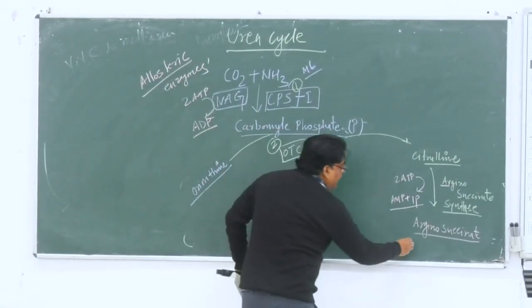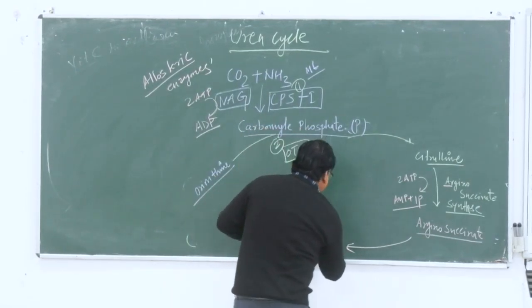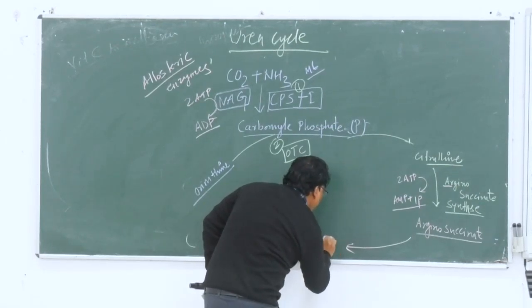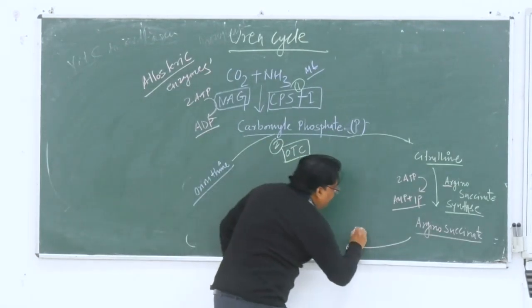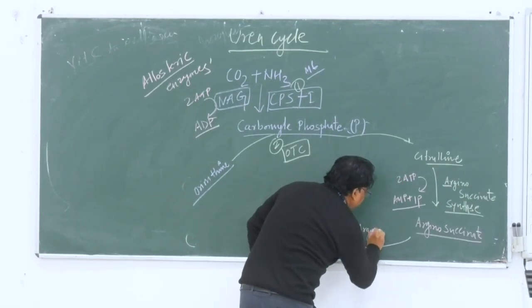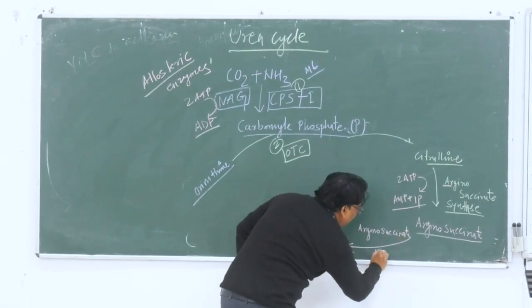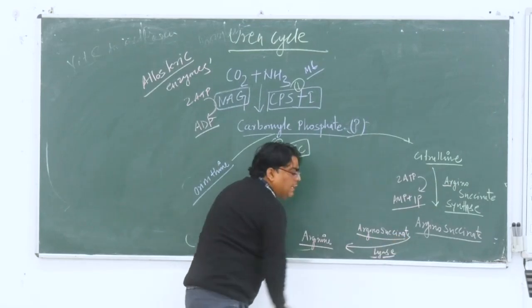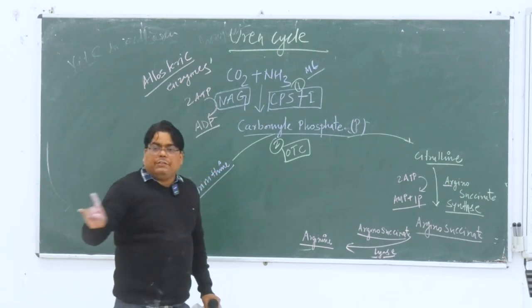Okay. Now in the next step, there is formation of arginine by the enzyme arginosuccinate lyase. You already know the class of these enzymes, because if you read the classification of enzymes, you easily understand.